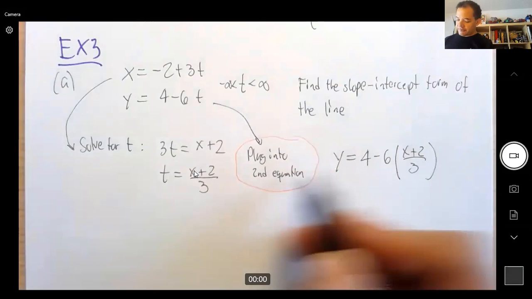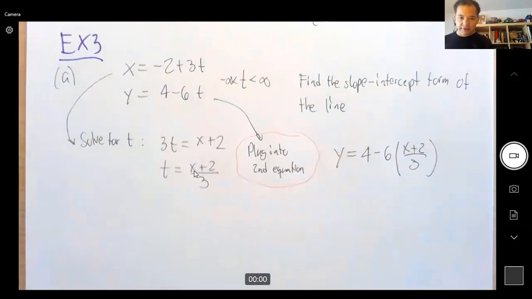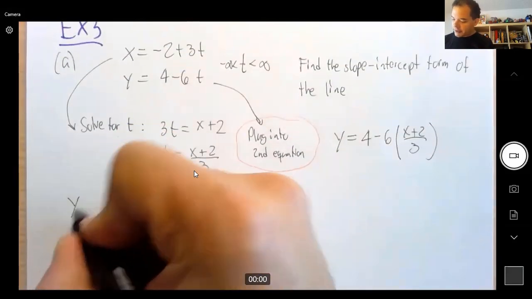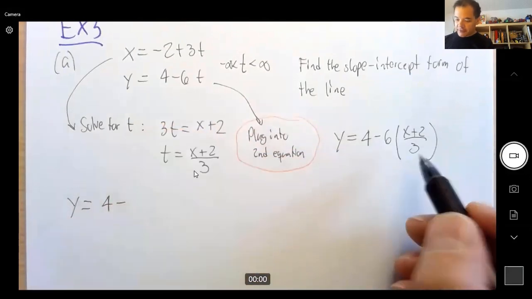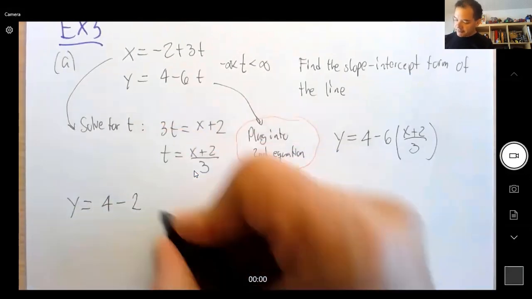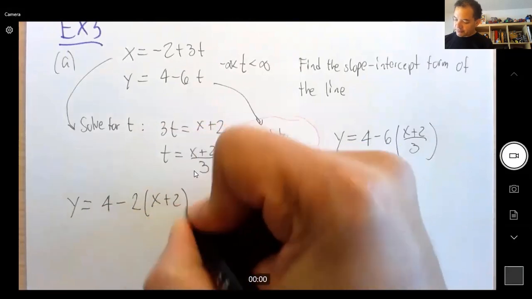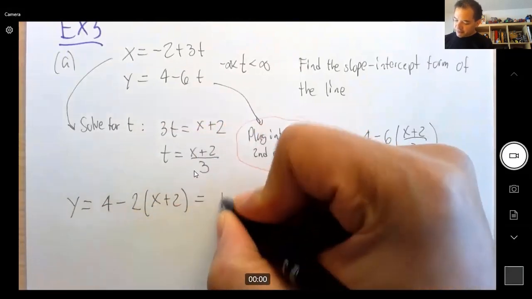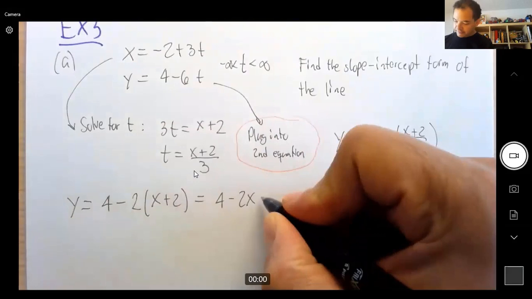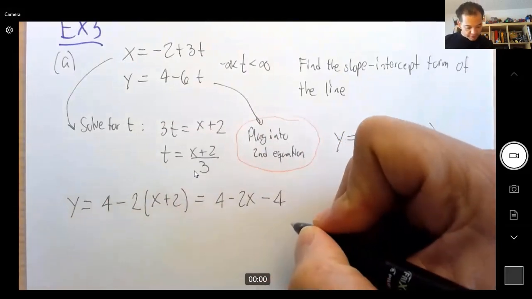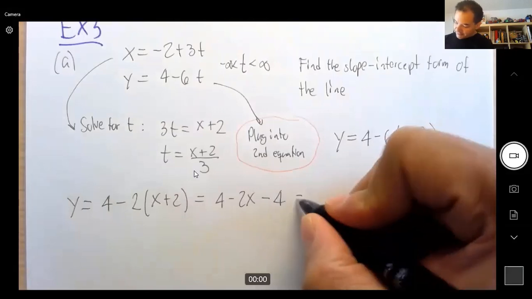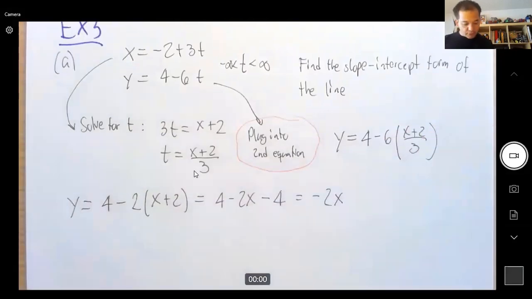All you need to do now is simplify. So what is this? This is y equals 4 minus 6 divided by 3. That's 2. Parentheses x plus 2. So this is 4 minus 2x minus 4. So this is actually the line y equals negative 2x.